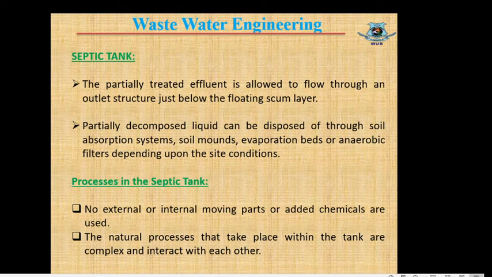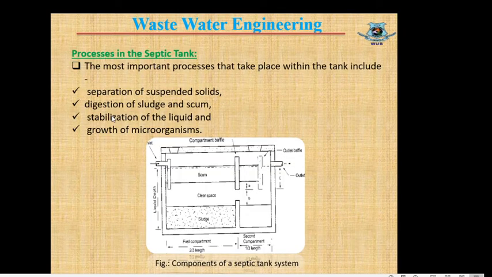Processes in the septic tank. In a septic tank, generally these four processes occur. First, the solid materials are separated from the liquid, here in two ways, sludge and scum. Then digestion of the sludge and scum. This sludge and scum are digested in the sedimentation tank. Then stabilization of the liquid.